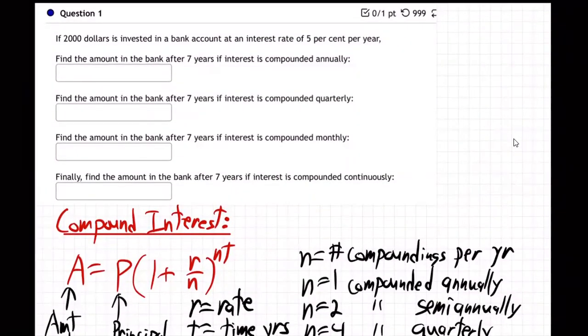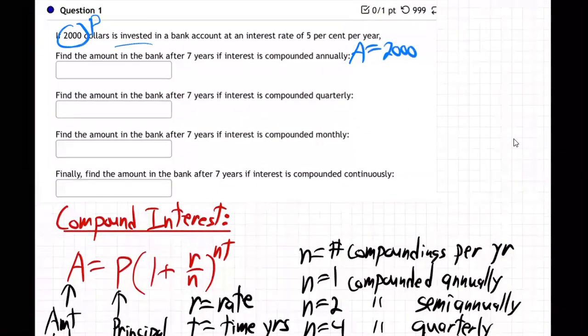So, okay, I'm going to use, for this first one, A, the amount, equals P, the principal, that's the $2,000. That's the principal invested, that's P. $2,000 is invested. 1 plus r, what's the interest rate? 5%. You got to make that 0.05.